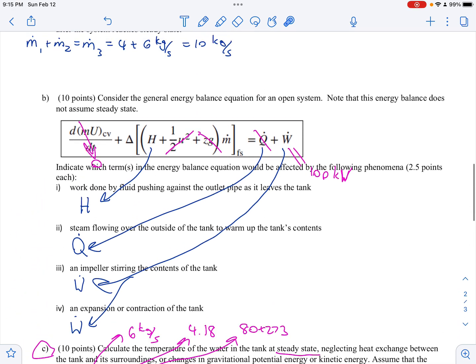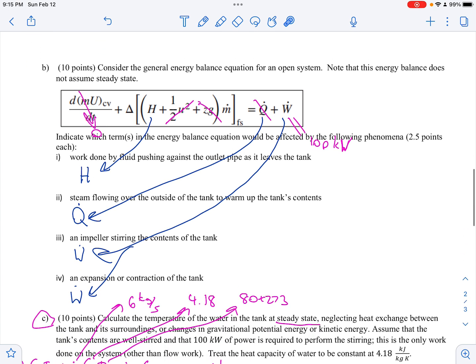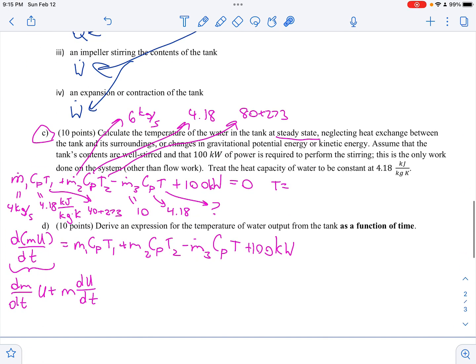Okay, now what did we not calculate? Part A we calculated, part B was just conceptual, so this would require a calculation.